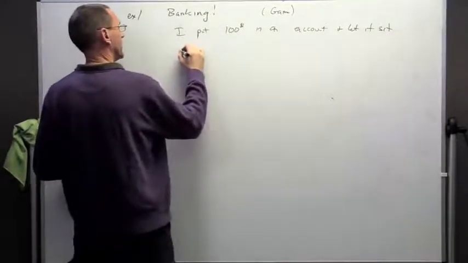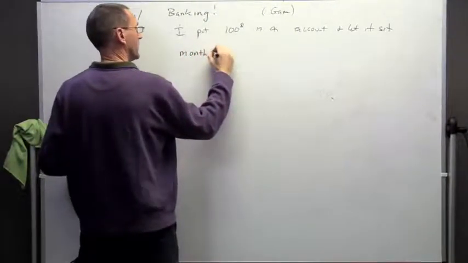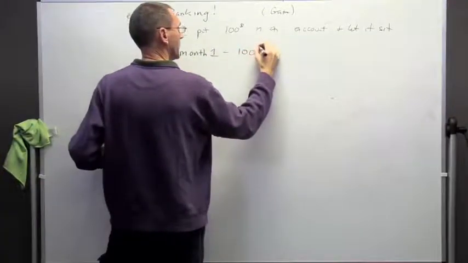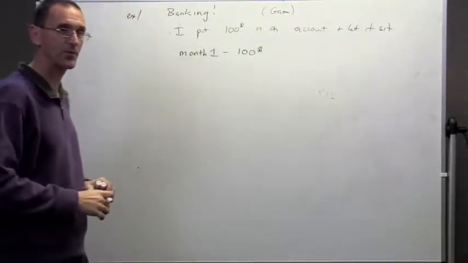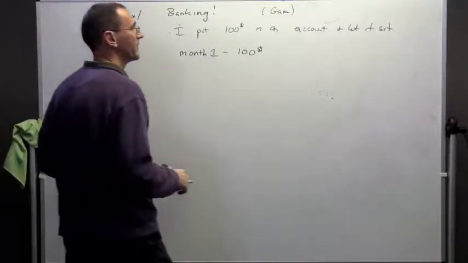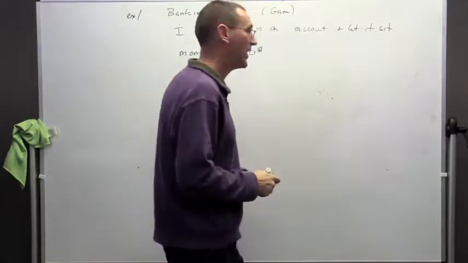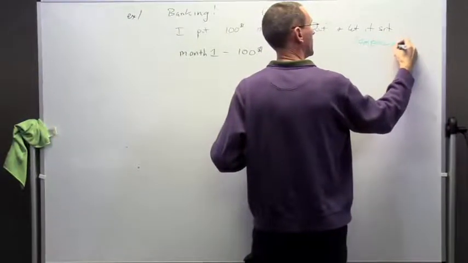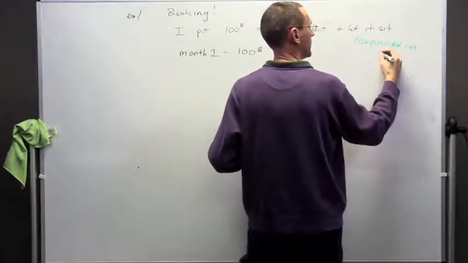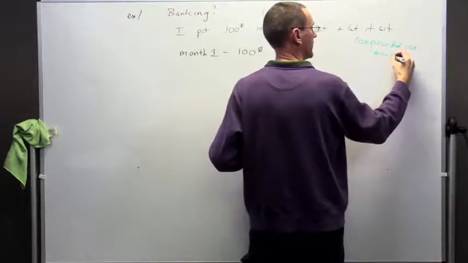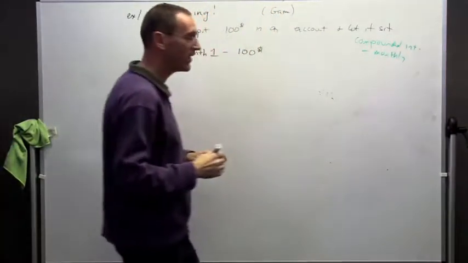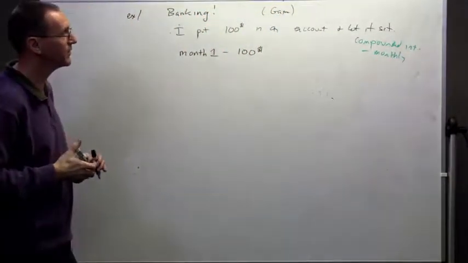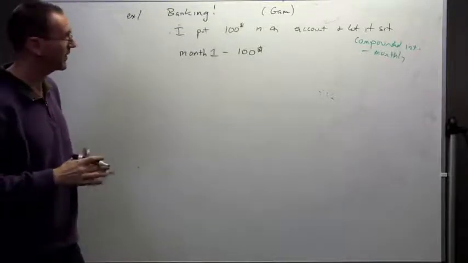Okay? Nothing happens the first month. The first month, there's just $100 in there. My banker tells me he's going to compound the interest monthly at some given rate.